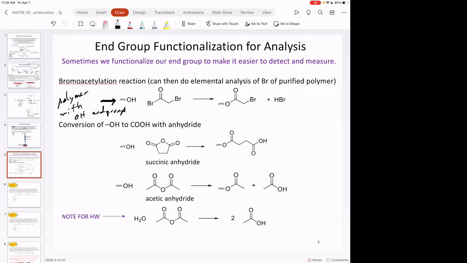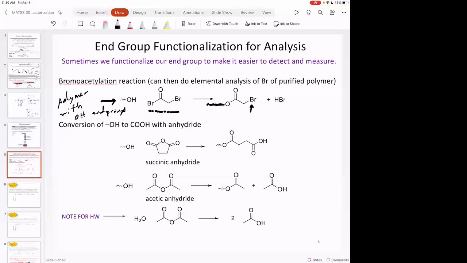And so if we functionalize these alcohol end groups with something like bromoacetylation, and we put a bromine on there, it's really easy to see bromine by elemental analysis. This is now attached to the polymer chain.